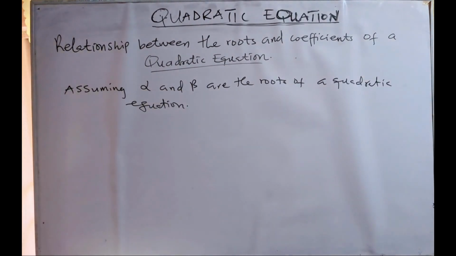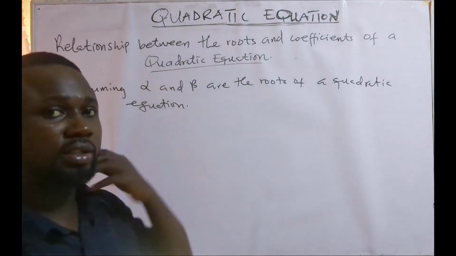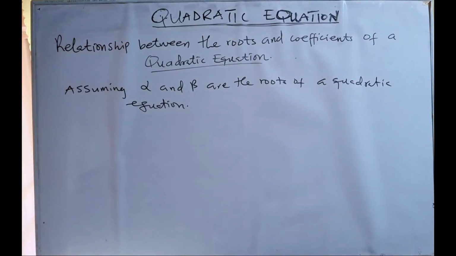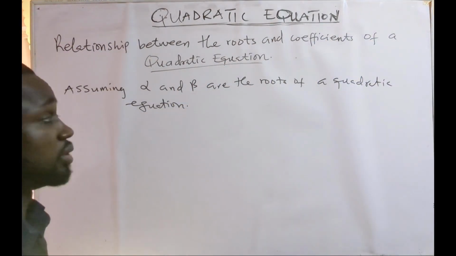So let's assume that we have a quadratic equation whose roots are alpha and beta. We are going to look at the relationship between the roots and the coefficients of a quadratic equation.